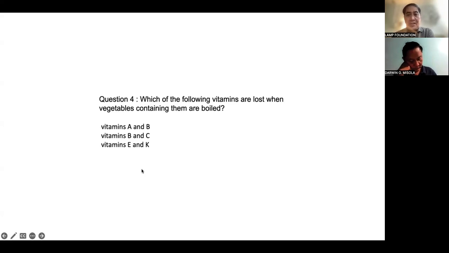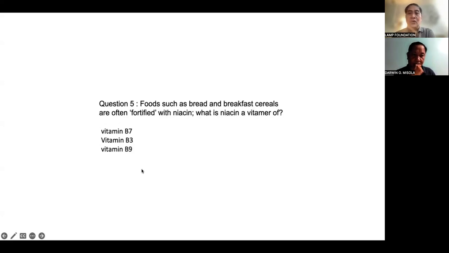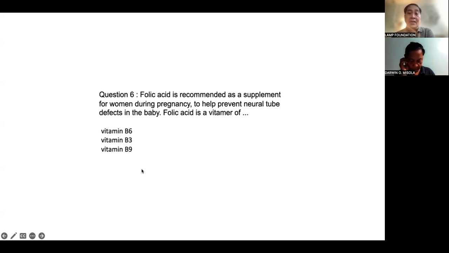Which of the following vitamins are lost when vegetables containing them are boiled? Vitamin B and C. Foods such as bread and breakfast cereals are often fortified with niacin. What is niacin a vitamin of? Vitamin B3. Folic acid is recommended as a supplement for women during pregnancy to help prevent neural tube defects in the baby. Folic acid is vitamin B9.